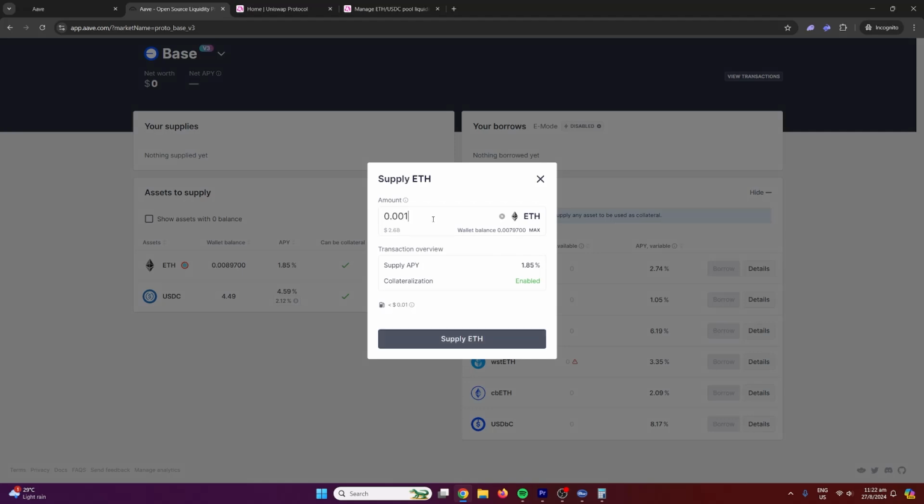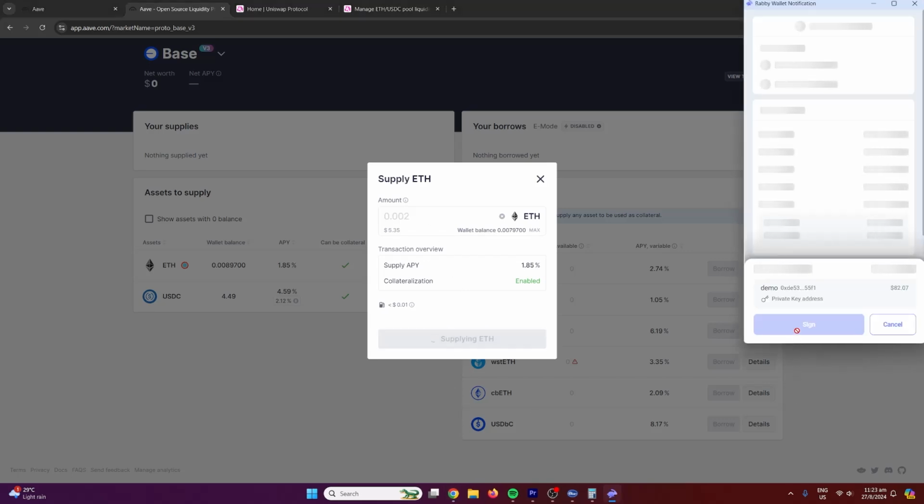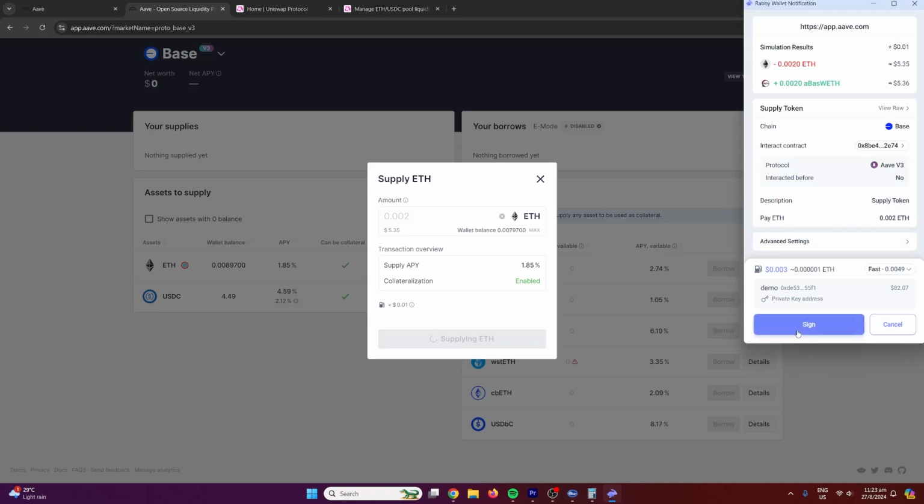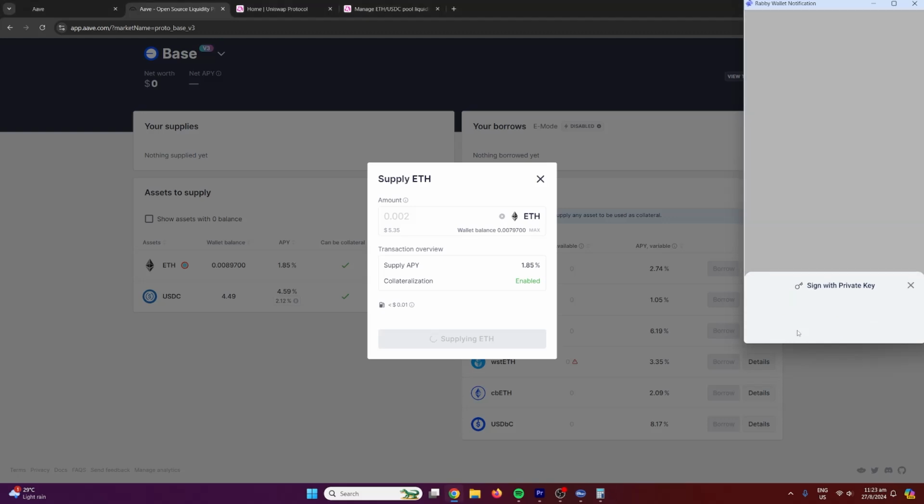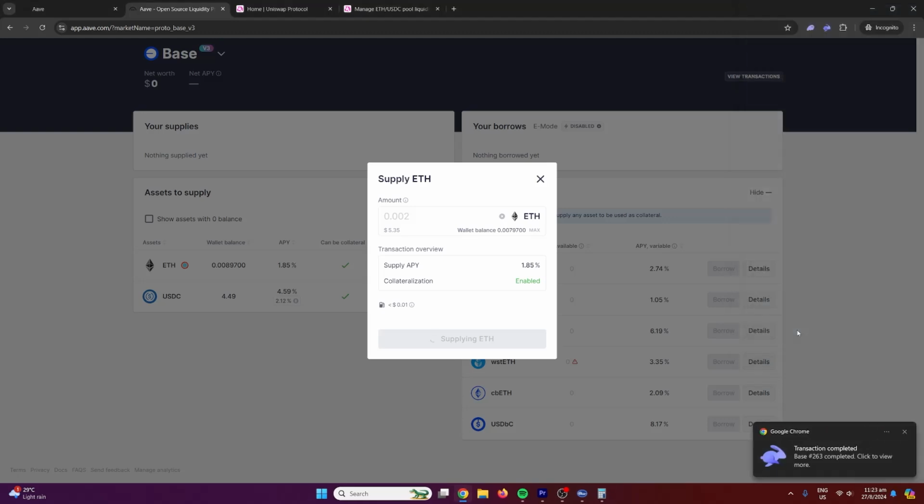So let me just supply around $5. Let's sign the transaction, and it has gone through. I would have supplied $5 of Ethereum into Aave.